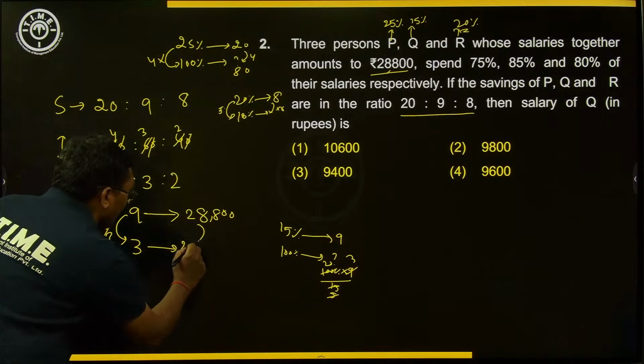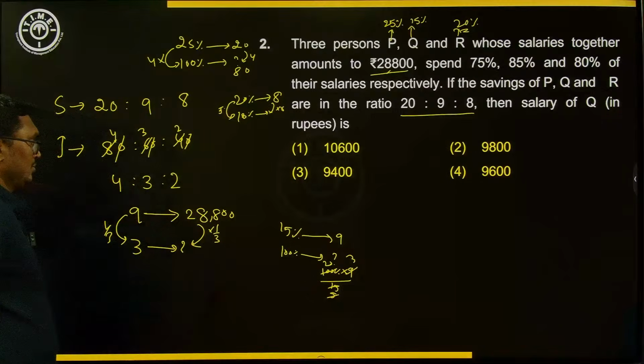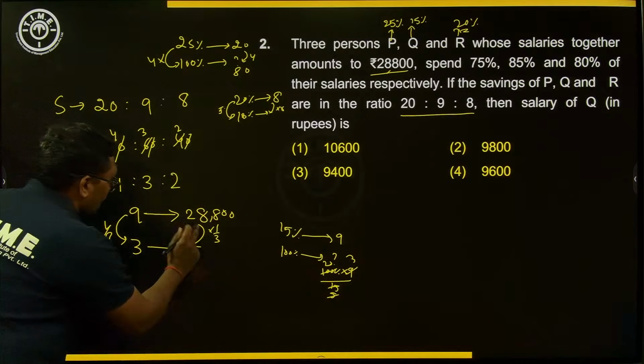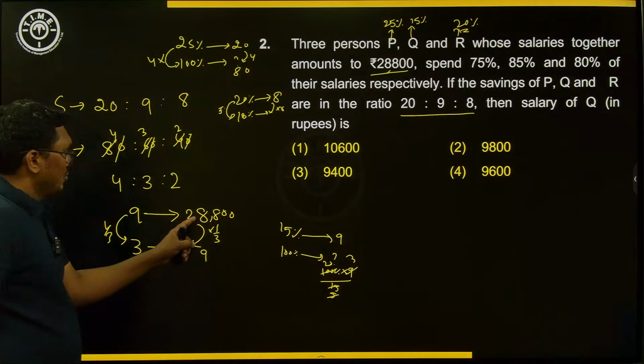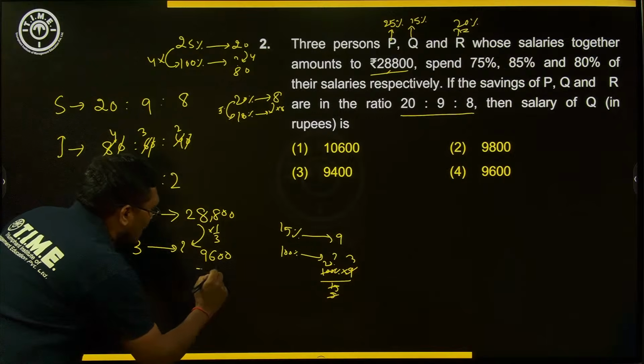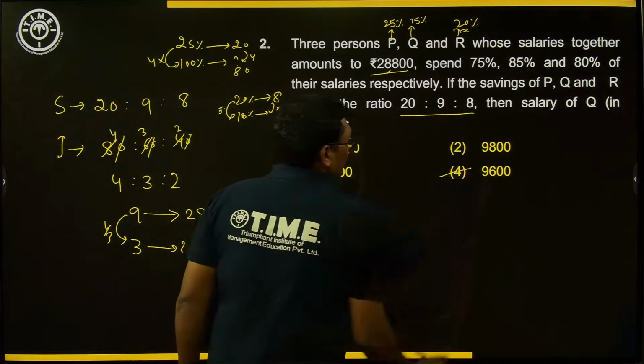So if you multiply with 1/3, we'll get the answer. 1/3 of 28,800 means 3 9 times, 27, 18, 6 times. So 9600. So our answer is choice 4. Okay.